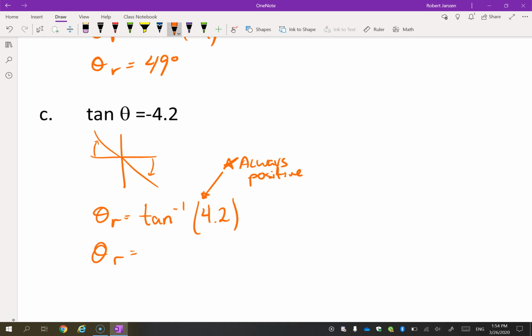Okay, so second tan 4.2. That gives me 77 degrees. So theta will be 180 take away 77, that's 103. And 360 take away 77 will be 283.